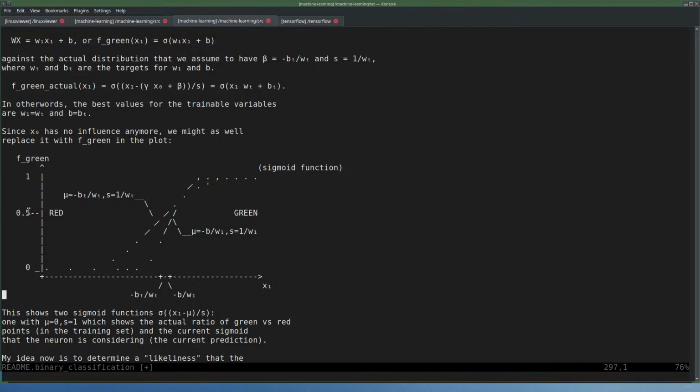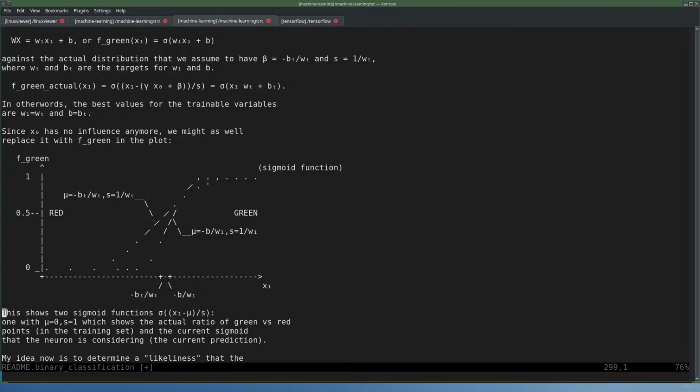So in order to make it a half at minus b divided by w, we have to subtract that from x. And it's scaled with s. So I think if s is larger, then it gets wider. Which means already you have to divide by s or multiply with w.